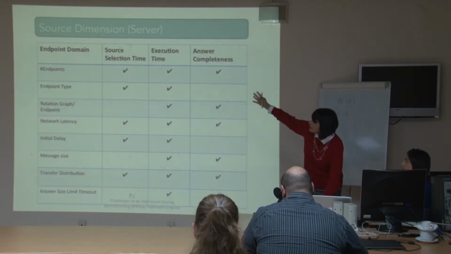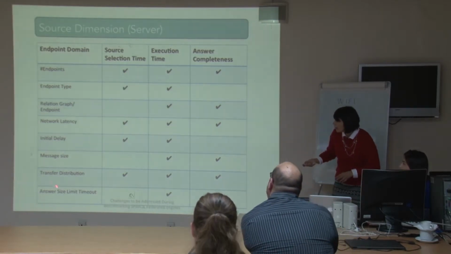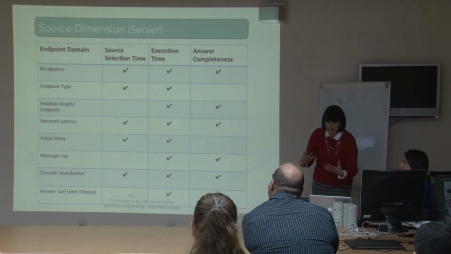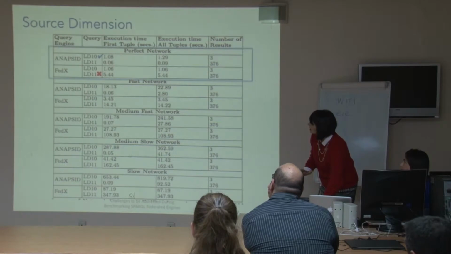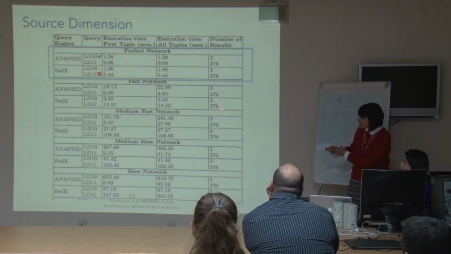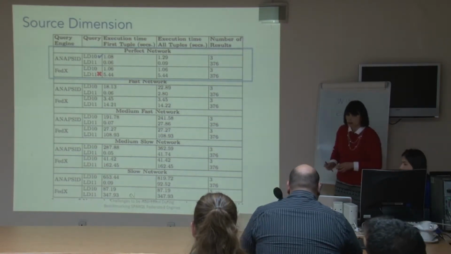And finally, the source dimension. If we have different types of endpoints, for example, we have delays, initial delays, or latency in the network. So we set up an experiment where we have perfect network, fast network, medium fast network, medium slow network, and slow networks.